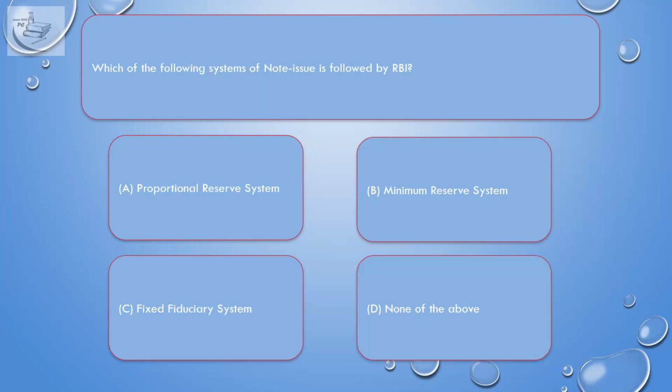Question: Which of the following systems of note issue is followed by RBI? A. Proportional reserve system, B. Minimum reserve system, C. Fixed fiduciary system, D. None of the above. Correct answer is B. Minimum reserve system.